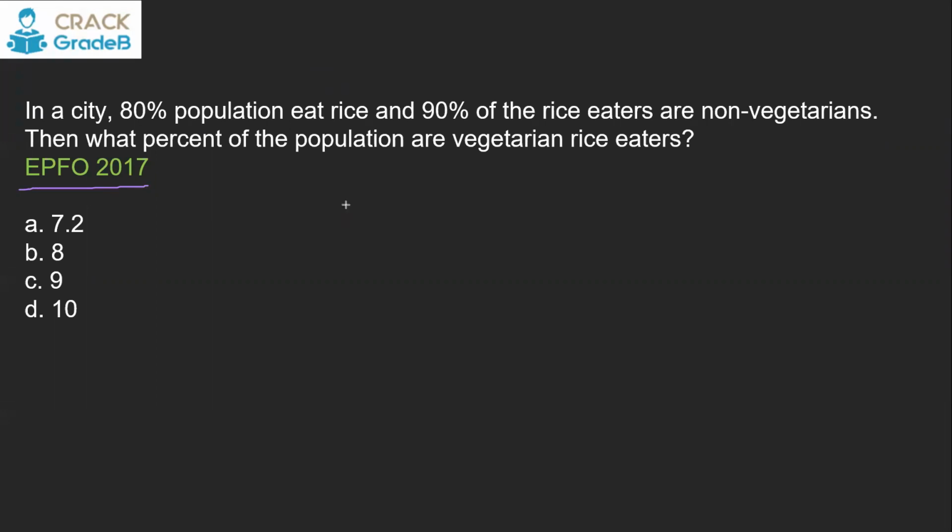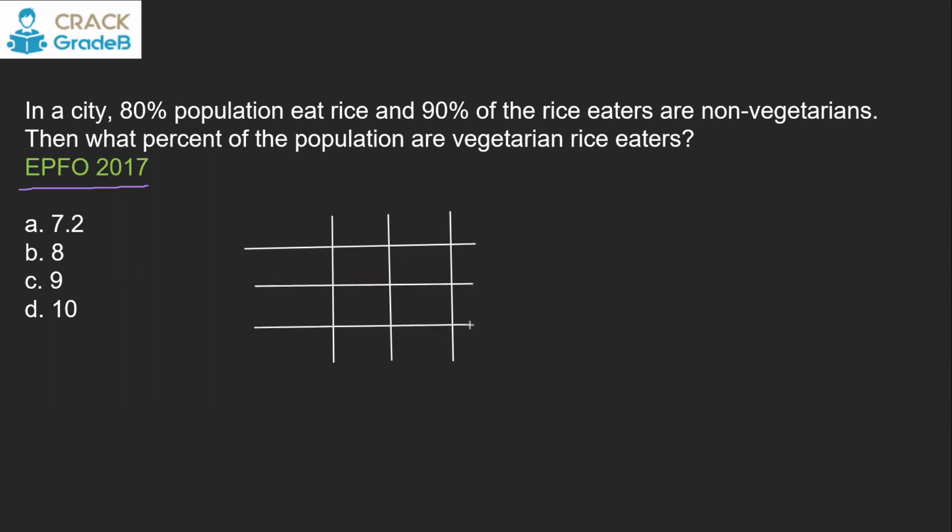So again, we are going to make a 2 by 2 table: rice eaters, non-rice eaters, and vegetarians, non-vegetarians.